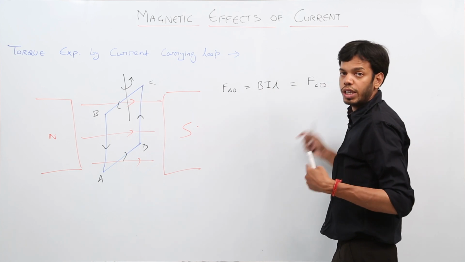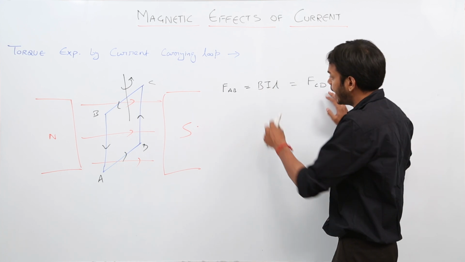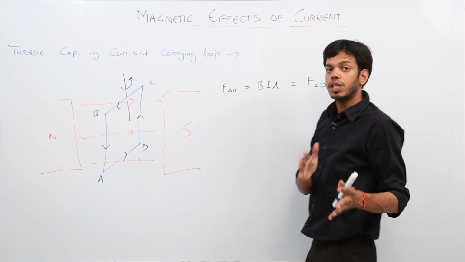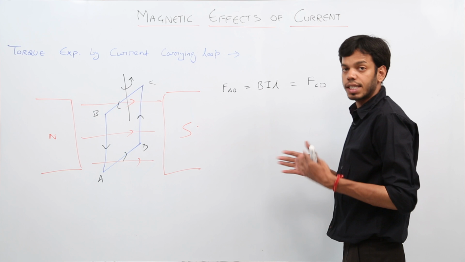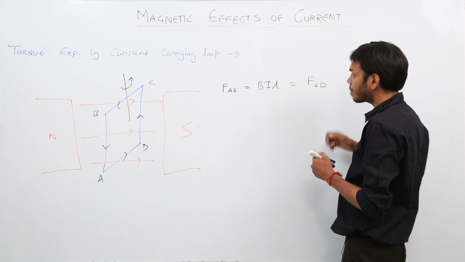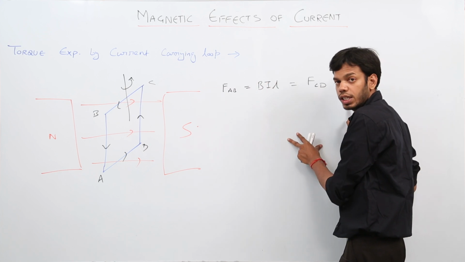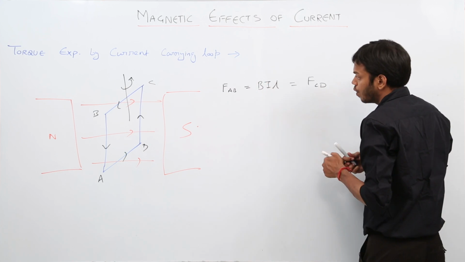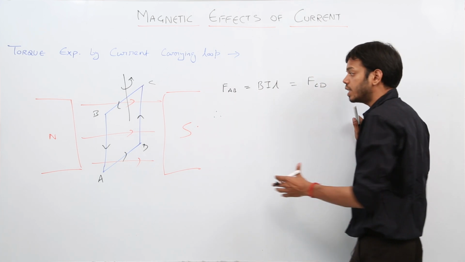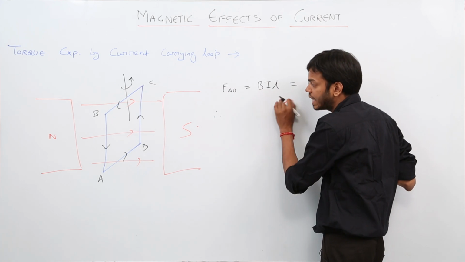What is a couple? Two equal and anti-parallel forces. Then the moment of force. What is the moment of any physical quantity? That physical quantity multiplied by the perpendicular distance. So the moment of force, that is torque, is given by either force into the perpendicular distance. Now, what I was saying, you have to write the statements here.